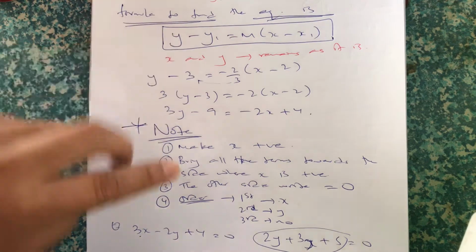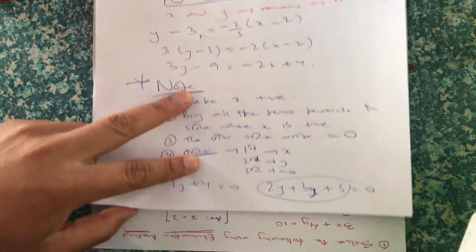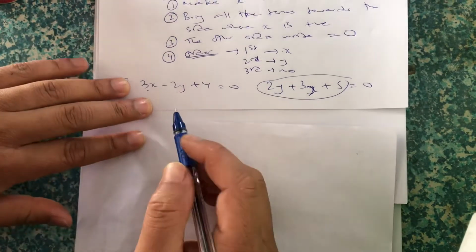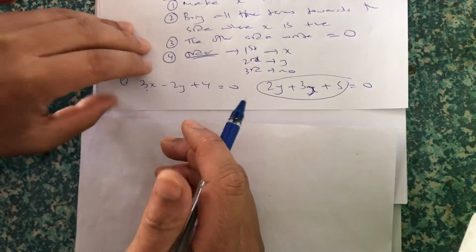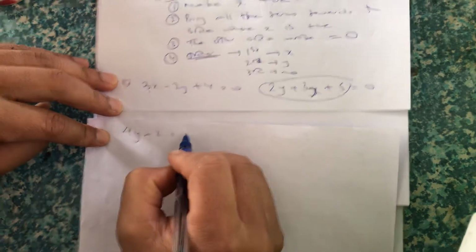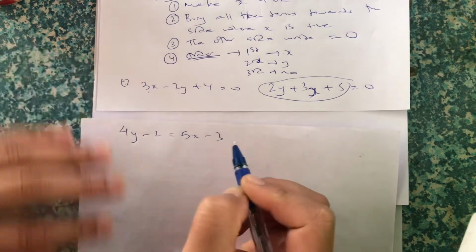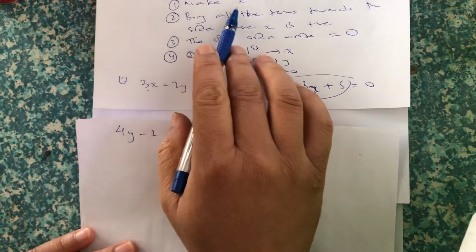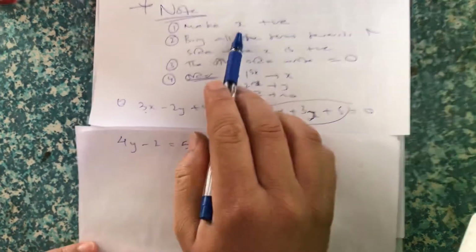We'll have to complete this, but let me give you a few examples of what we mean by x positive and bringing all the terms towards one side. So let's say, for example, I have something like this: 4y minus 2 is equal to 5x minus 3. Okay, it says make x positive. So first thing is make x positive.